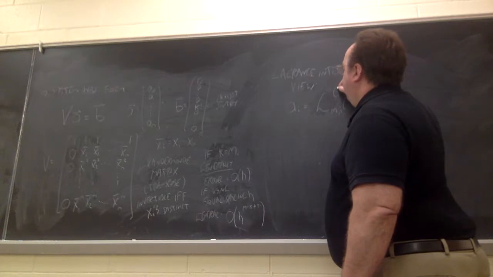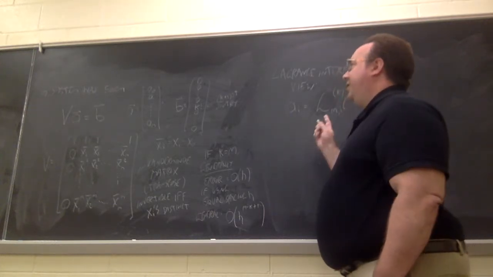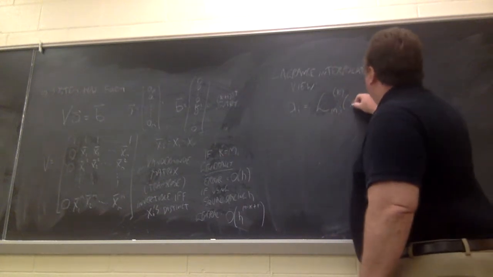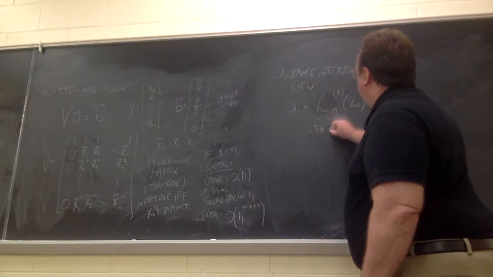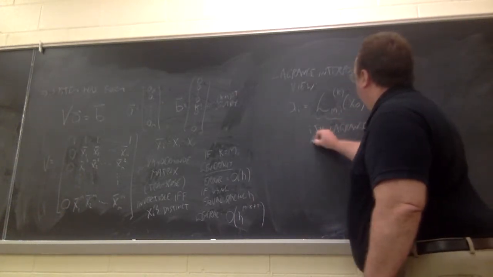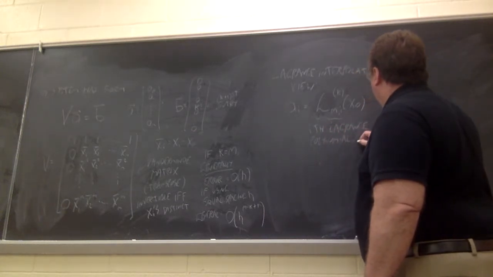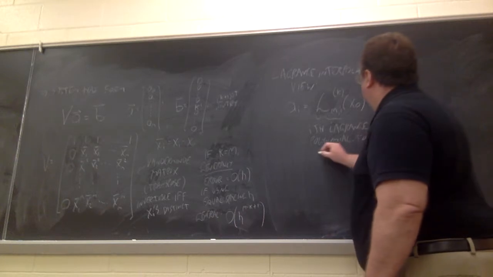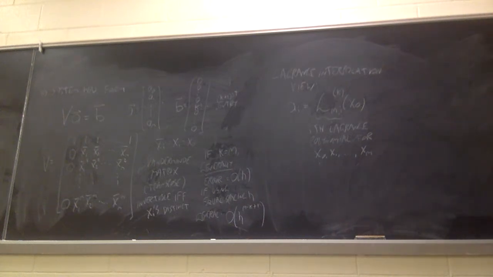Whatever derivative you want, the k-th derivative, you take the k-th derivative of this, evaluate it at x naught, where this is the i-th Lagrange polynomial for the points x naught, x1, up to xm.